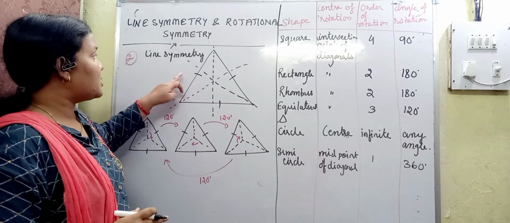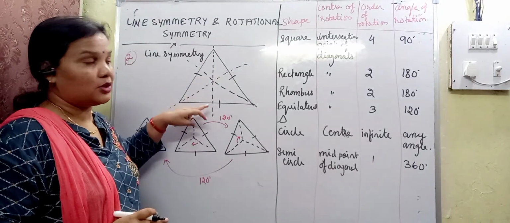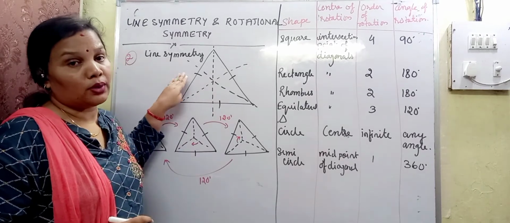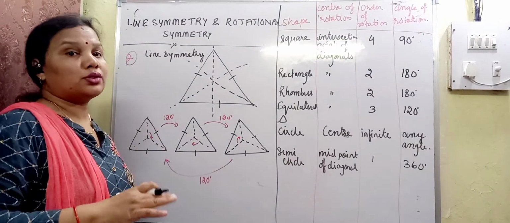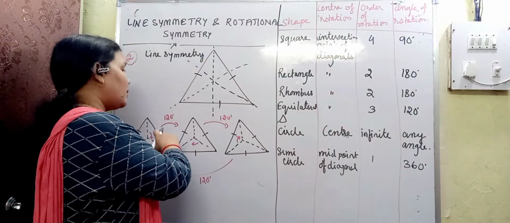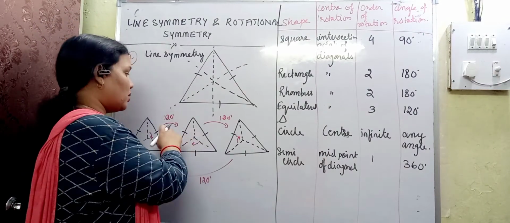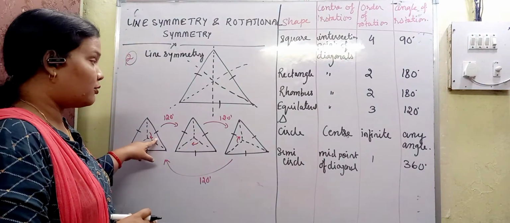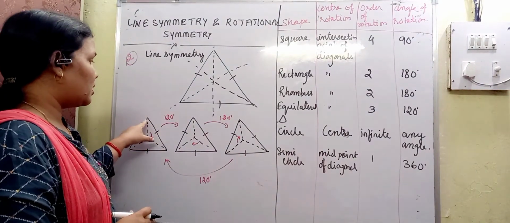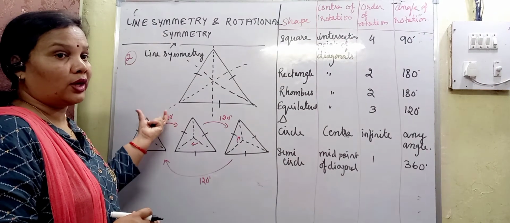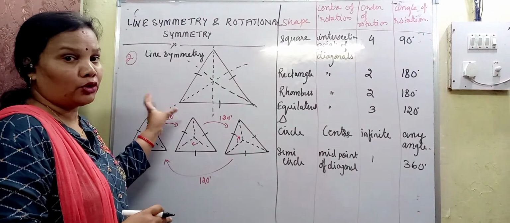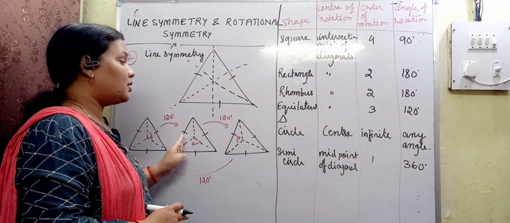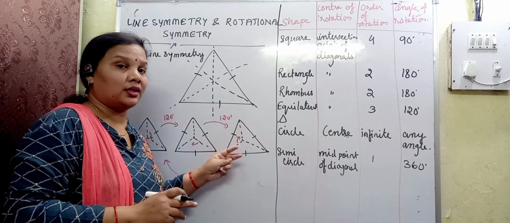So how many lines of symmetry are there? There are three lines of symmetry for an equilateral triangle, and it also shows rotational symmetry. Suppose I take an angle of rotation of 120 degrees each time, as shown with the red mark here. If I rotate it by 120 degrees, I again get the same figure.